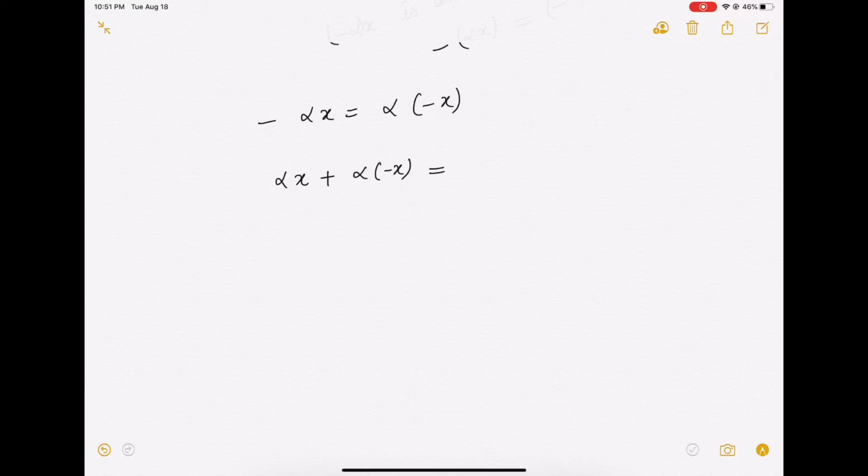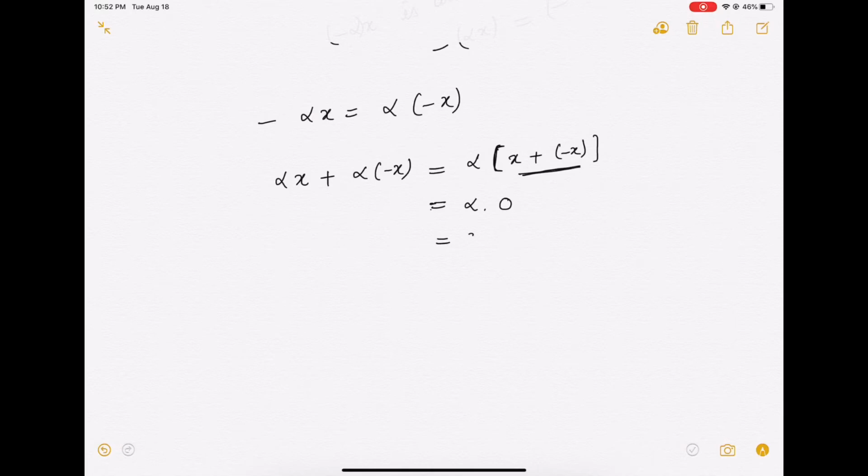Again making use of distribution law, that is scalar distributes over vector. So x plus minus x. Again by the property of the inverse, or here we are using the property in vector space V. So alpha x plus minus x gives you the 0, the identity element.